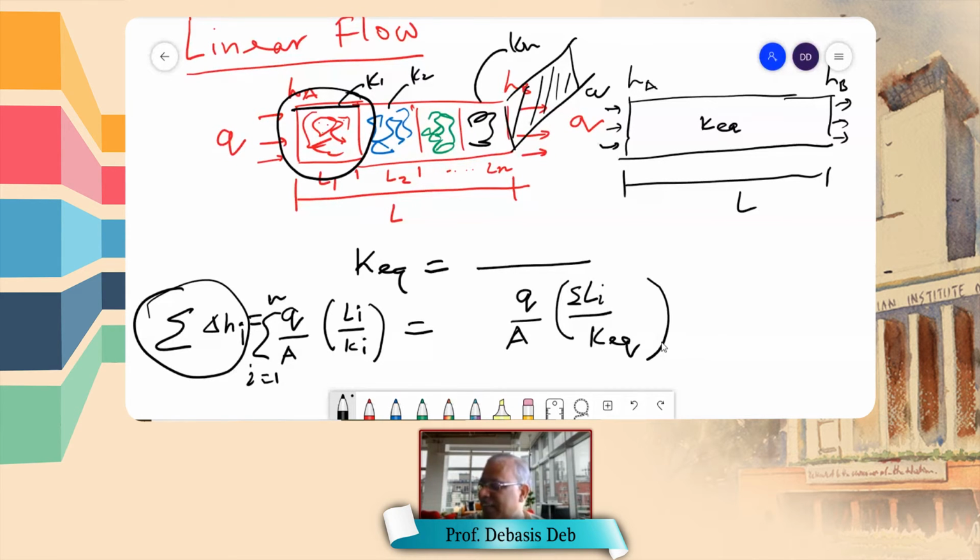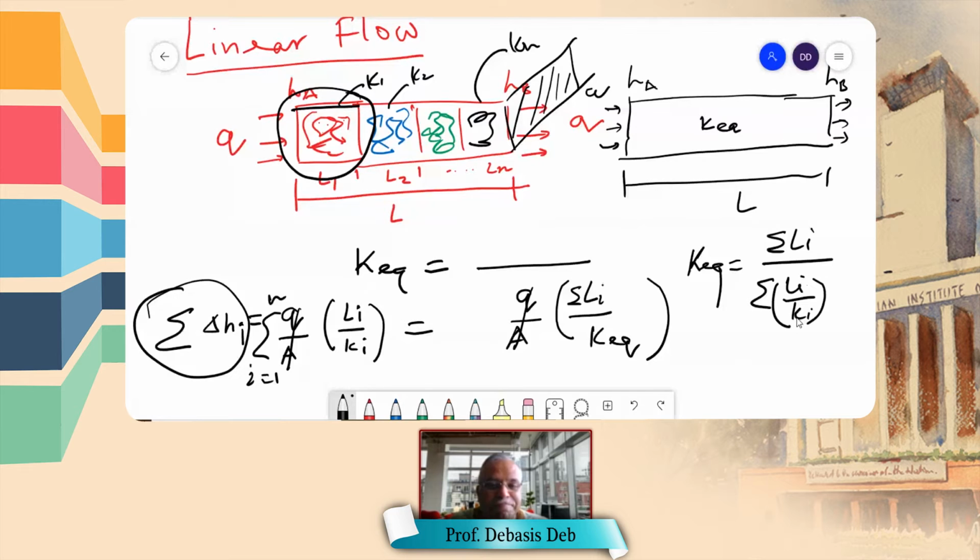So from there you can find that K equivalent equals, these cancel out, summation of Li divided by summation of Li by Ki. Okay, that is your K equivalent here.